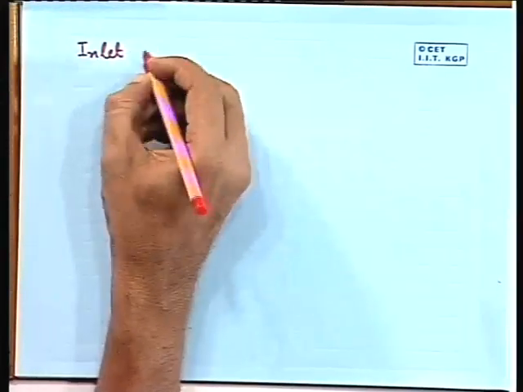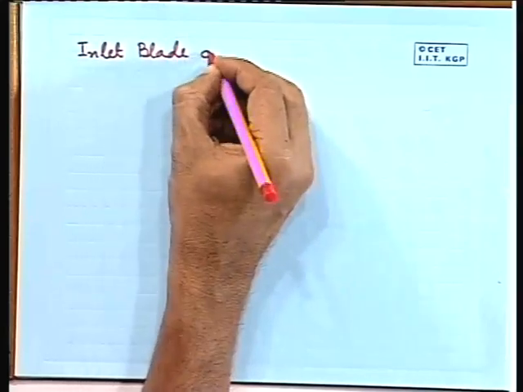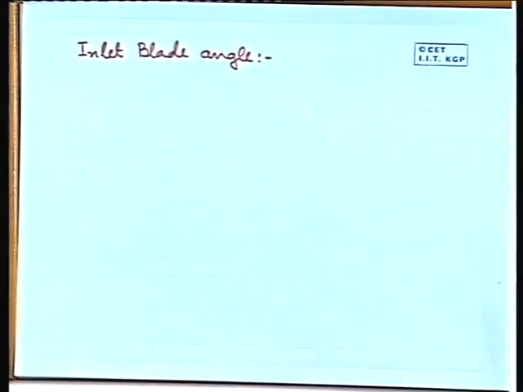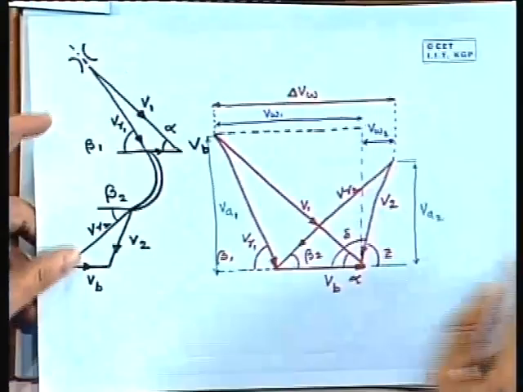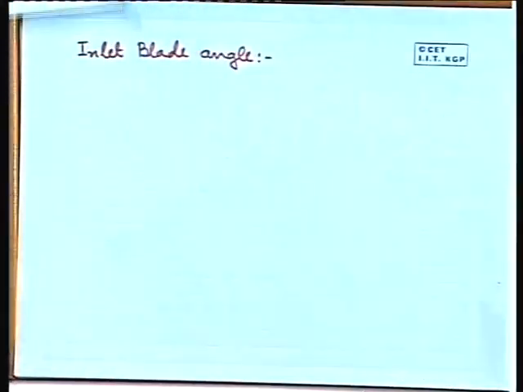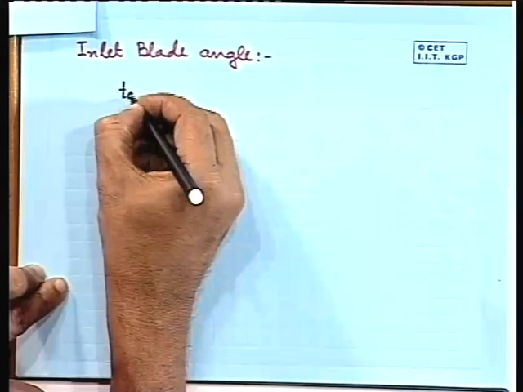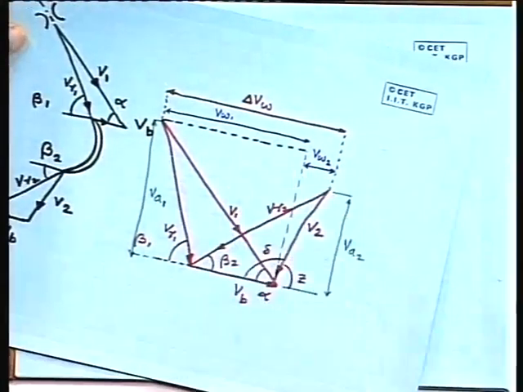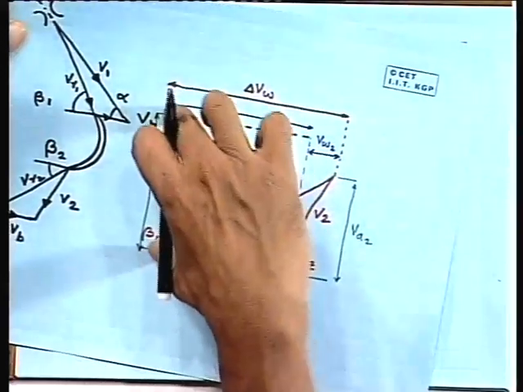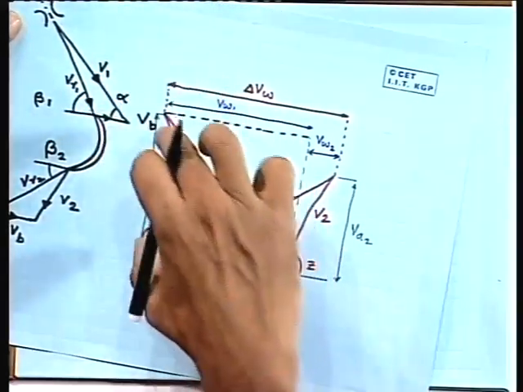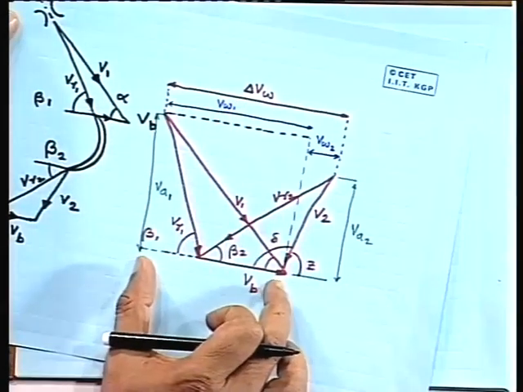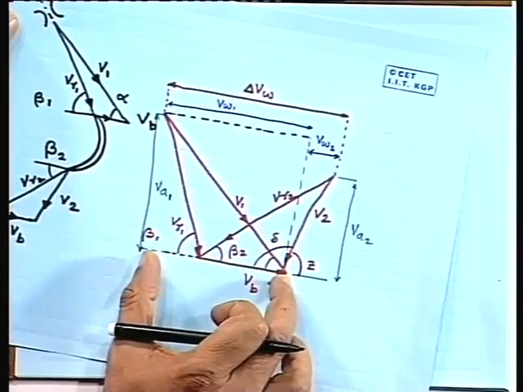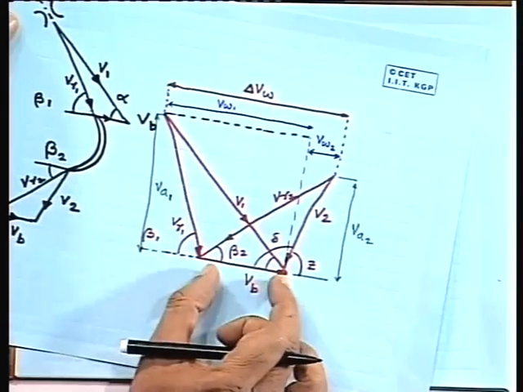The inlet blade angle is given by beta 1, and we can get a relationship like this: tan beta 1 is equal to, how we can get, this is V1 sin alpha, and then V1 cos alpha is this length minus Vb.